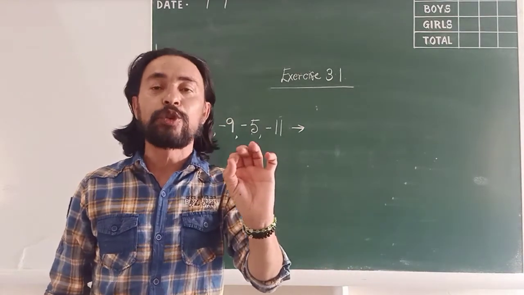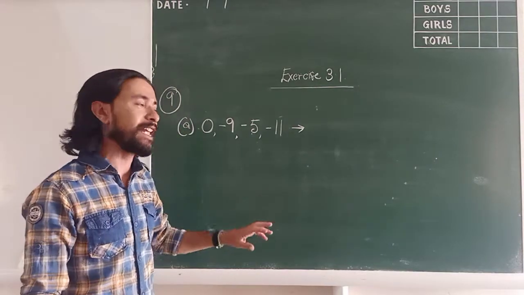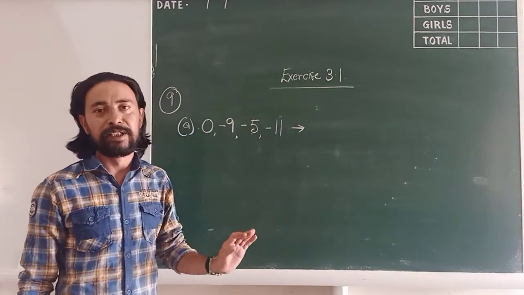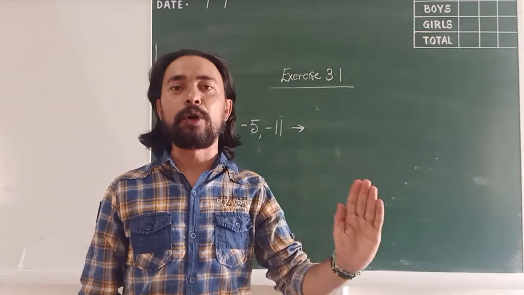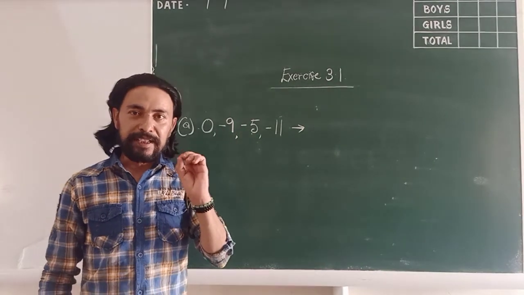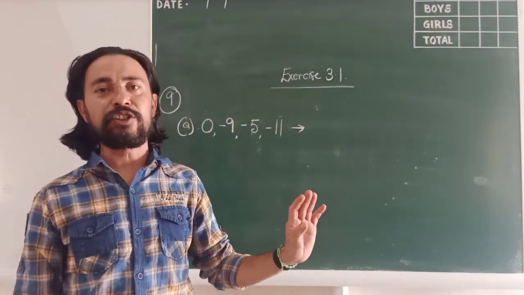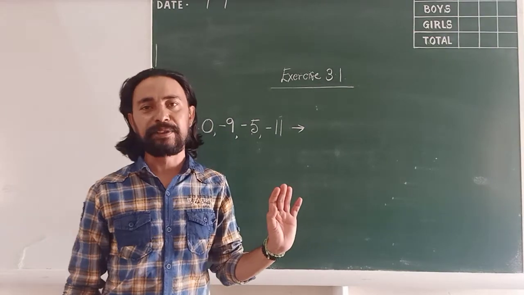It is a neutral number. So you cannot say that 0 is a positive number and neither can you say that 0 is a negative number. It comes in the center of positives and negatives in the number line. So it is referred to as 0 and only 0. It is not a positive integer and it is not a negative integer.